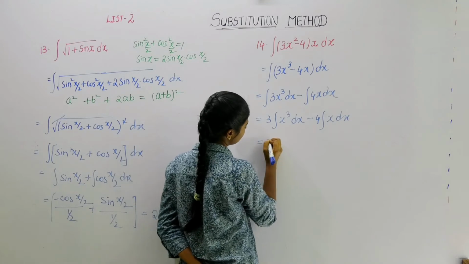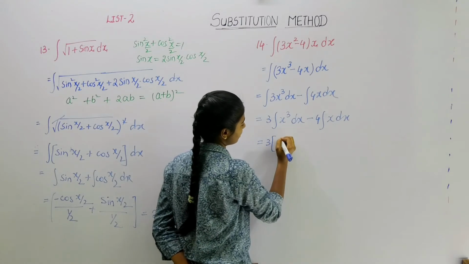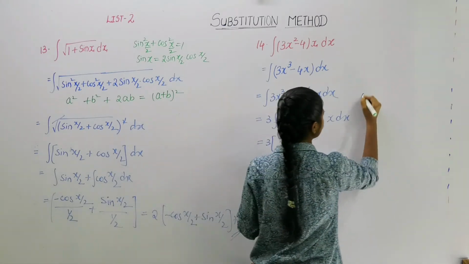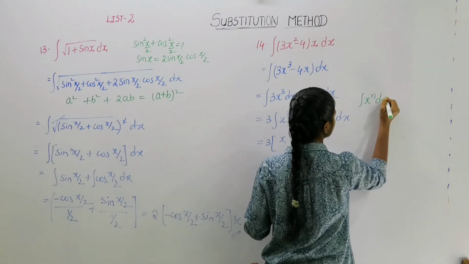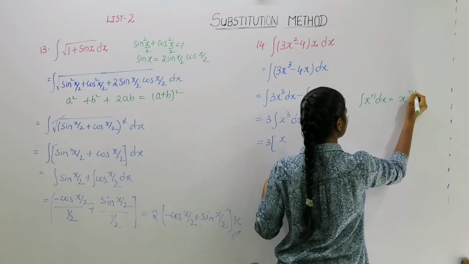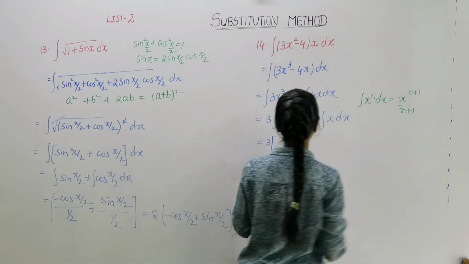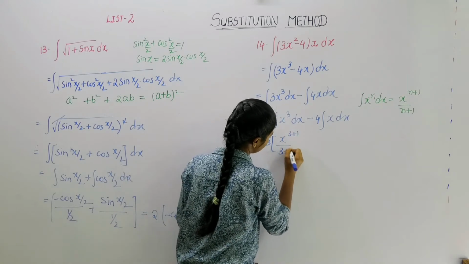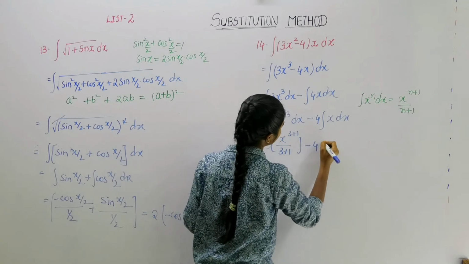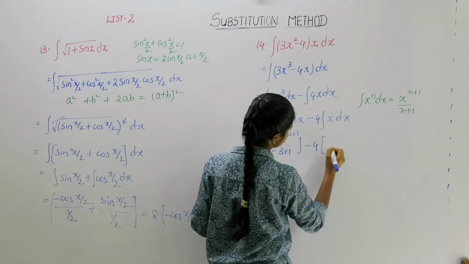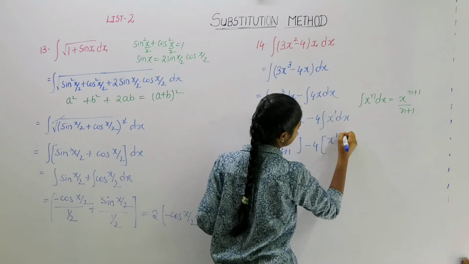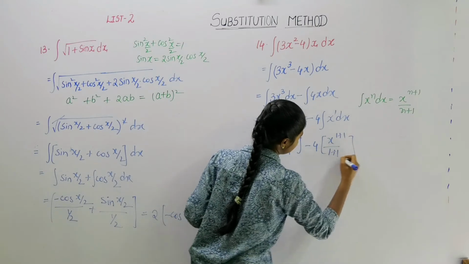When we substitute the formula, you know the formula, integral x to the power n dx is equal to x to the power n plus 1 by n plus 1. When we substitute it, we get x to the power 3 plus 1 by 3 plus 1 minus 4, and for integral x, in the place of n we have 1, x to the power of 1 plus 1 by 1 plus 1.